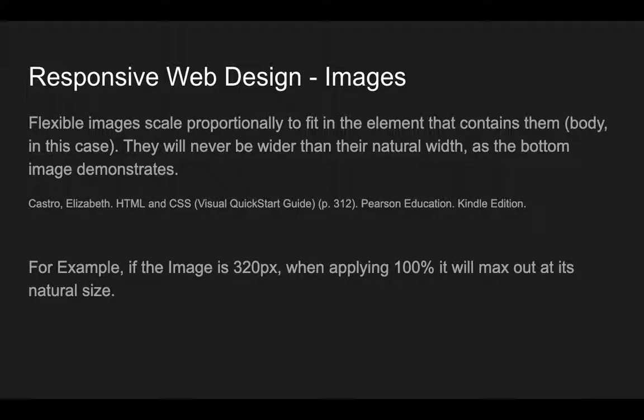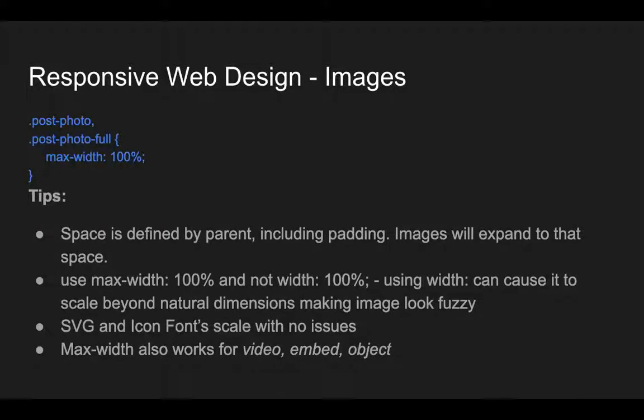You want it to max out at the size of the image itself, not to go beyond, because if you go beyond, you're going to get fuzzy pixelization. The image loses its quality. So here you see an example of post photo, comma, post photo full, and both of them are using the max width. This is the CSS attribute you want to use, max-width.